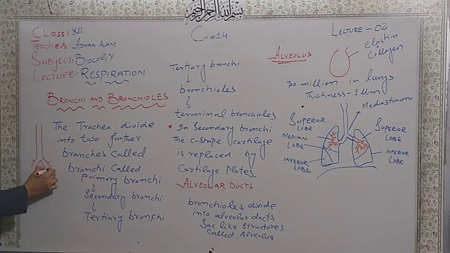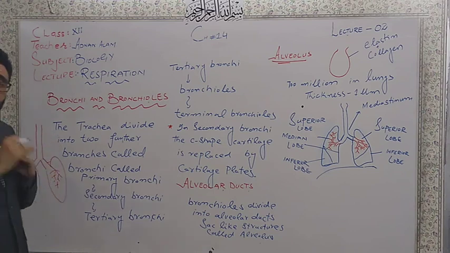Each primary bronchus enters into the lung, and then it is further divided into secondary bronchi, and secondary bronchi into tertiary bronchi, and tertiary bronchi into the bronchioles, which then end into terminal bronchioles.